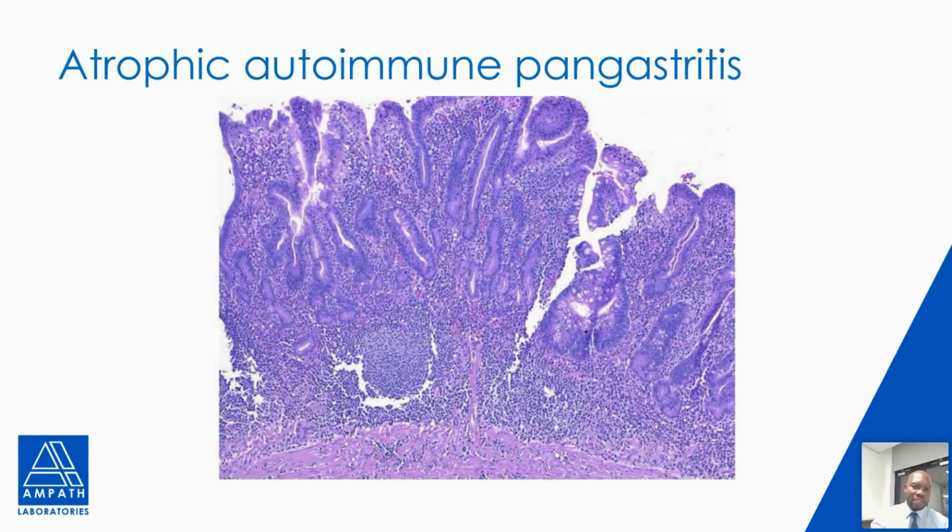And in this instance, there is no neuroendocrine cell hyperplasia. So the compensatory mechanism for the loss of the cells is not even taking place. That becomes a very helpful ancillary test when you do synaptophysin and chromogranin to differentiate from autoimmune metaplastic atrophic gastritis.